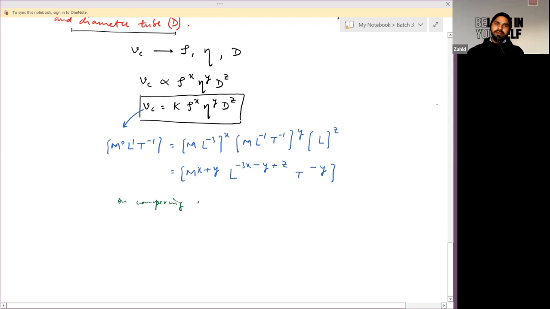On comparing the exponent... Riba, check your calculation for z. Rest is correct. Yes, Irfan.